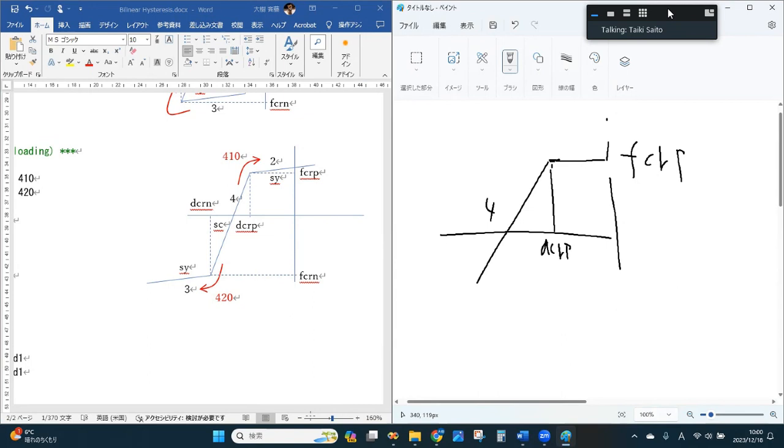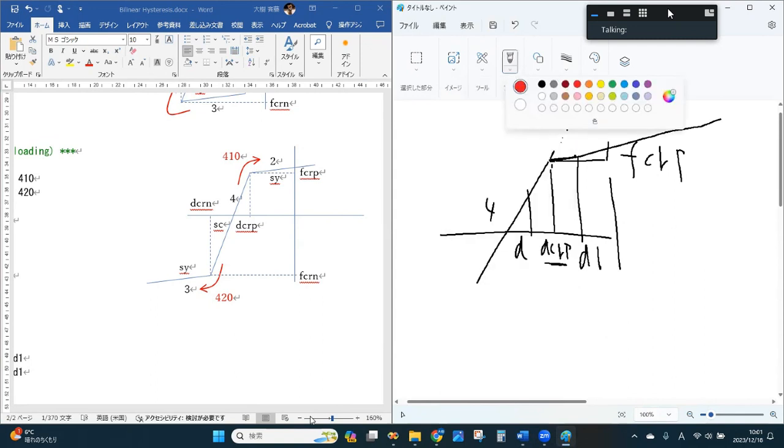And the slope is going up this way. So you are before level 4, but the new deformation D1 is over BCRP. So you cannot continue like this. You must find out the new force. This point, this point, this point. So this is F1.